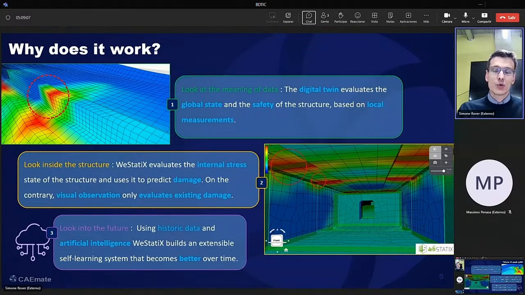So we are able to focus our actions. And again, with artificial intelligence, Statics builds a self-learning system that can predict the future and becomes better over time.